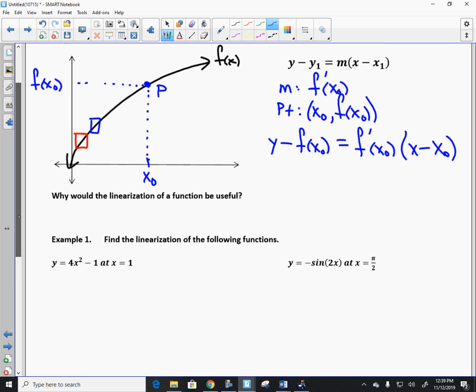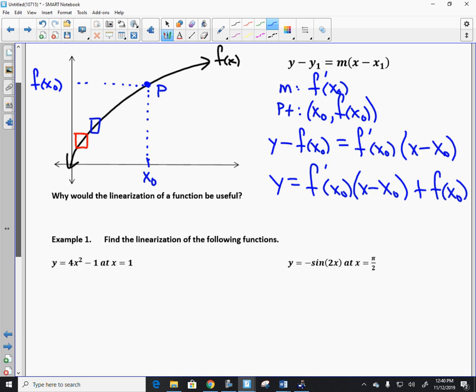Or in other words, y is equal to f prime of x sub 0 times x minus x sub 0 plus f of x sub 0. So the idea is you can take really any function that you can find the derivative of, and you can linearize it. You can look at a small portion and make it into a line.